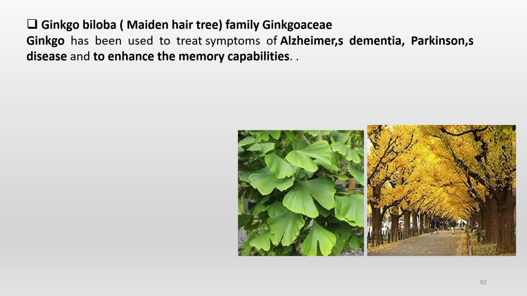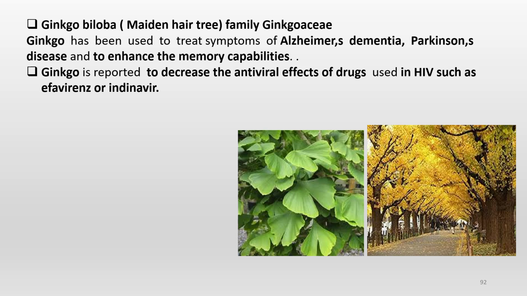Ginkgo has been used to treat symptoms of Alzheimer's, dementia, Parkinson's disease, and to enhance memory capabilities. Ginkgo is reported to decrease the antiviral effect of drugs used in HIV such as efavirenz and indinavir.